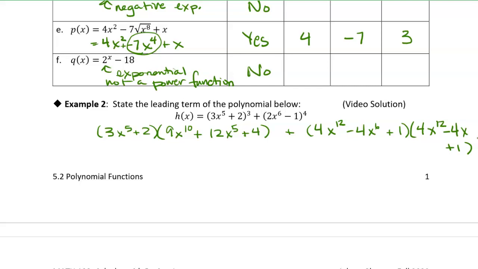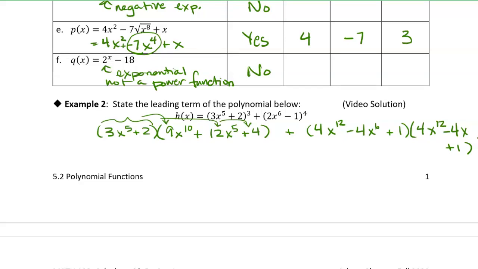But what I want you to see is that if I was going to take the next step, I would take this 3x to the 5th plus 2 and distribute it, taking that times each one of the terms in the second factor. I need to take all of this and multiply it by each one of these terms in the second factor.